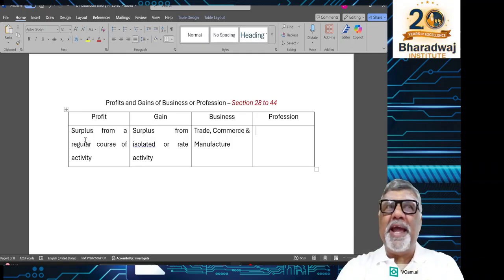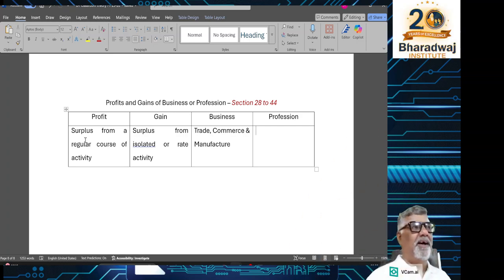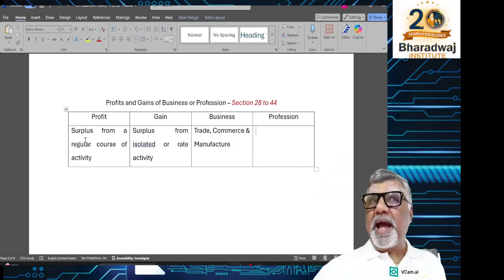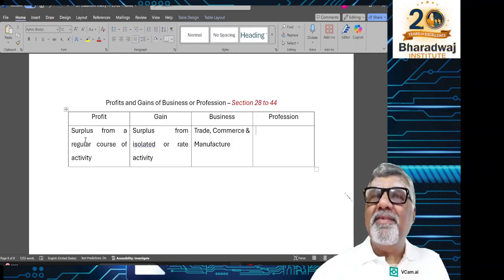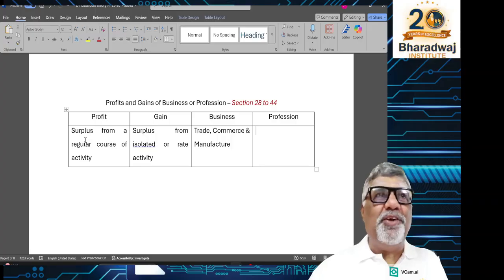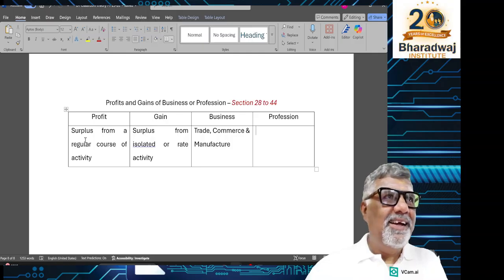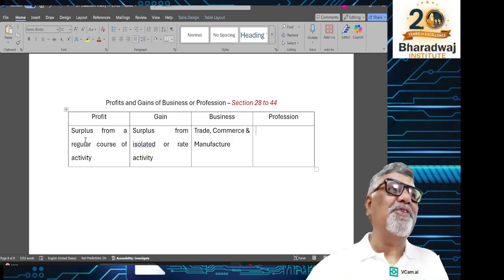Income earned through exhibition of skill. Is there a formal system of learning for many skills, for acting? Only a person with an acting school certificate can come and act? Only a person with a music school certificate can come and do music? We would not have had Ilayaraja. Exhibition of skill is also profession.